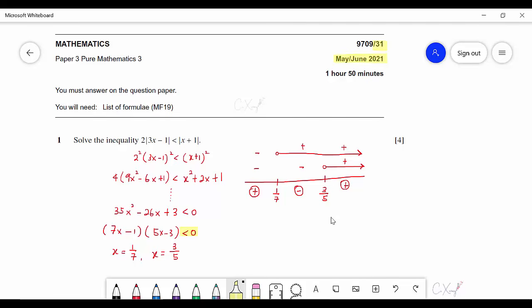Here you want something smaller than 0, which means a negative value. So I'm looking for the range of x that gives an overall negative value. The answer for x should be between 1 over 7 and 3 over 5. This is the final answer for this modulus function inequality.